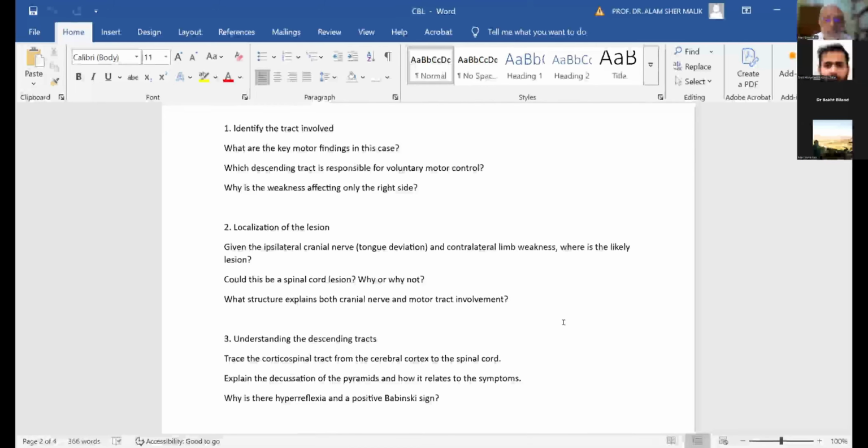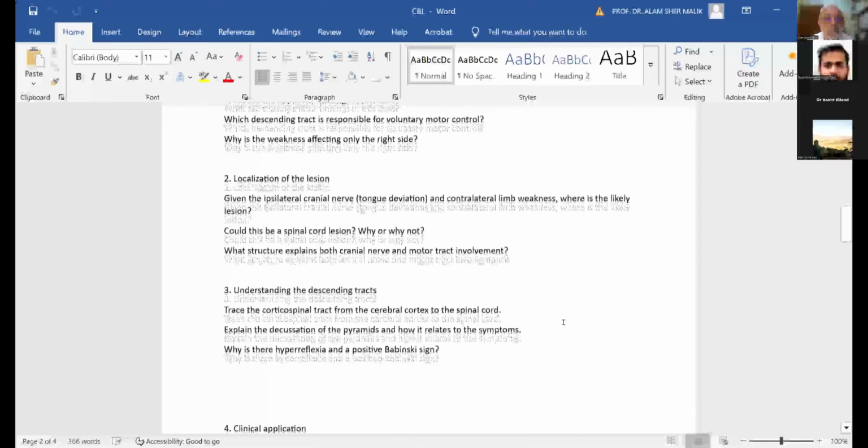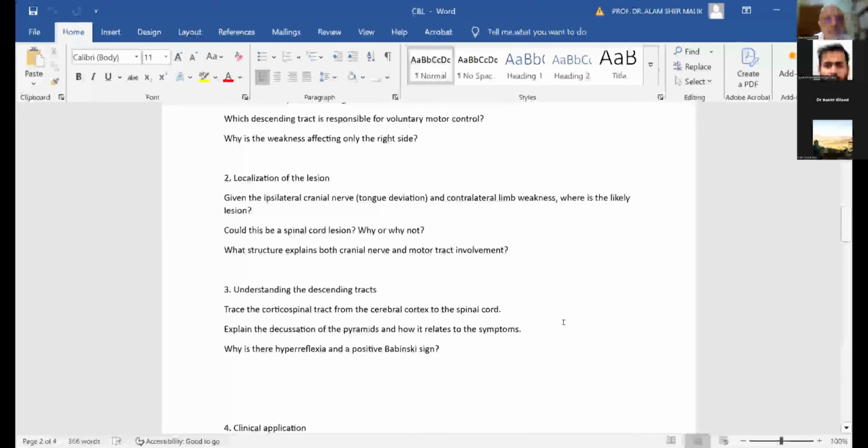They have to trace the corticospinal tract from the cerebral cortex to the spinal cord. This is going to be an activity. And then they have to answer why they have hyperreflexia and a positive Babinski.